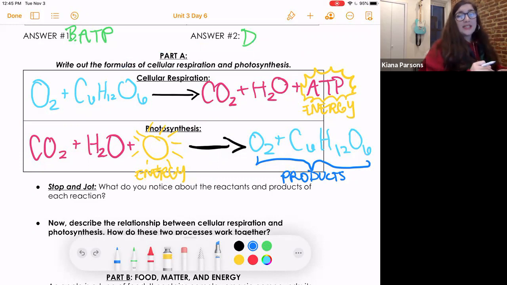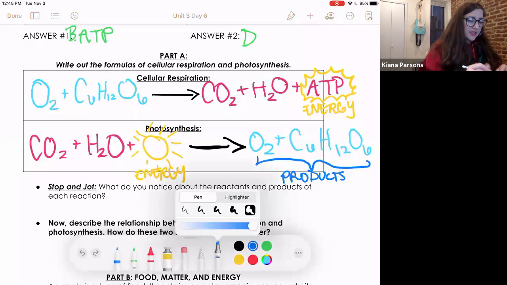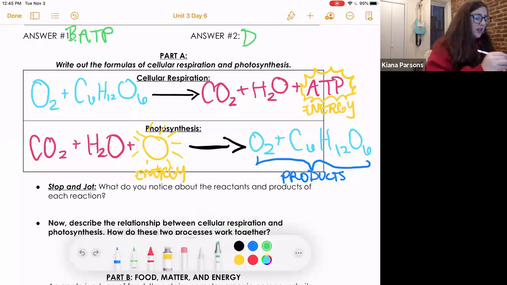And I hope you guys can see that. I tried to do the color coding so you could see the two equations balance each other out, right? And that's because these processes occur in harmony with each other, creating balance in the ecosystem and within individual plant cells. So cool. Gotta love it.